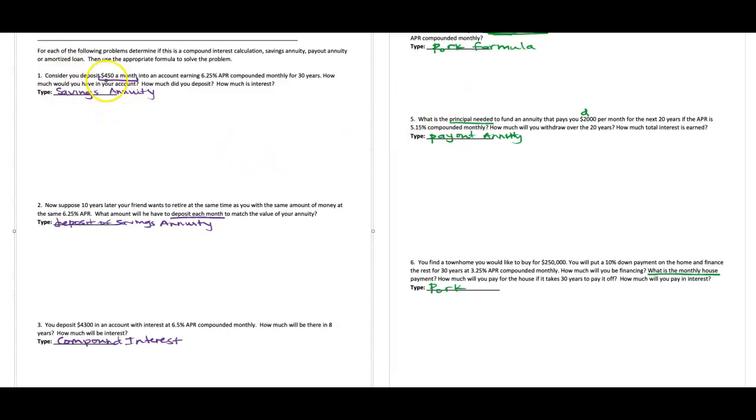Okay, so consider you deposit $450 a month into an account earning 6.25% APR, compounded monthly for 30 years. So this has some different parts to it, right? How much will you have in your account? I'm just going to put this as part A. We're using that savings annuity formula, and if you look on yours, you can see it.